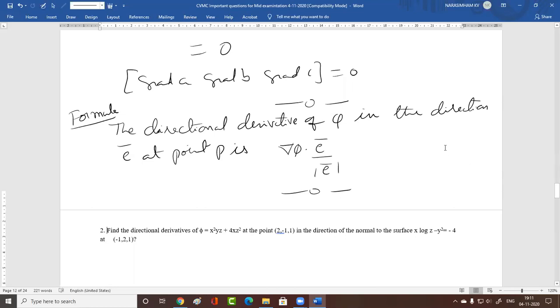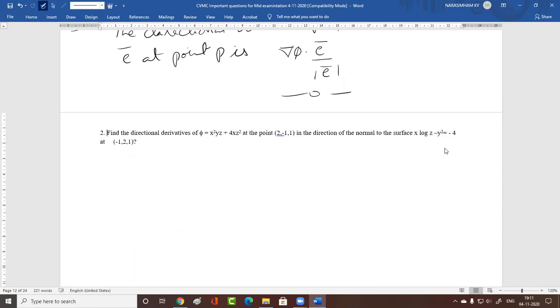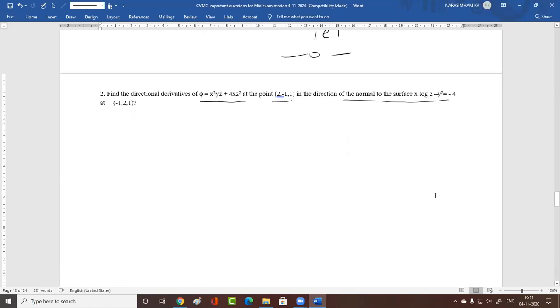In this particular problem, find the directional derivative of this phi at this point, but the direction is given differently. So the direction is the normal to the surface. Now what is the meaning? Normal to the surface is nothing but del f, the gradient of f.